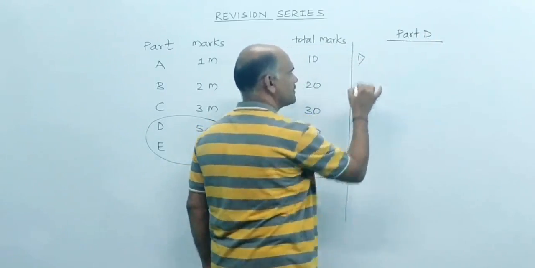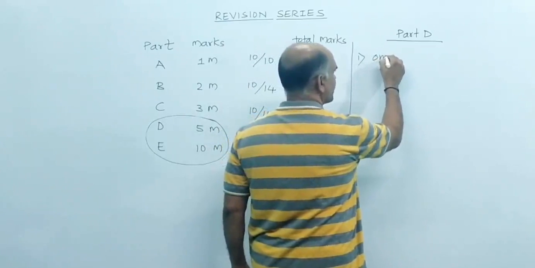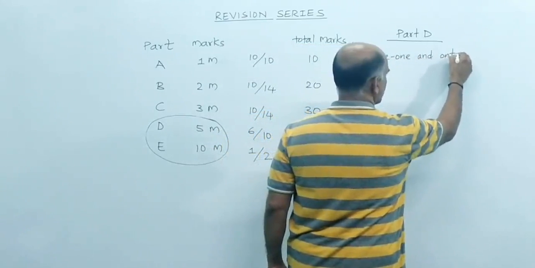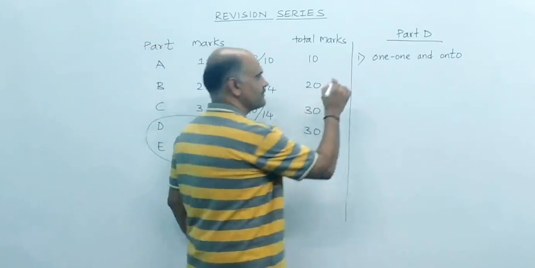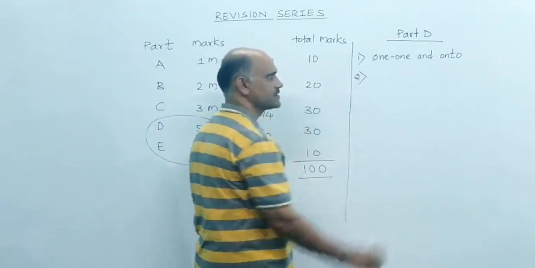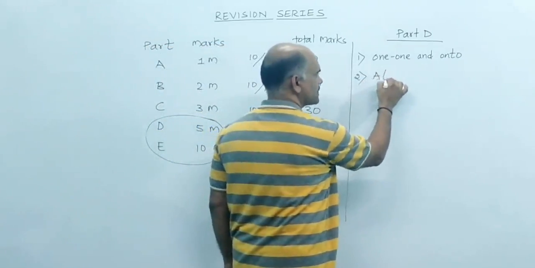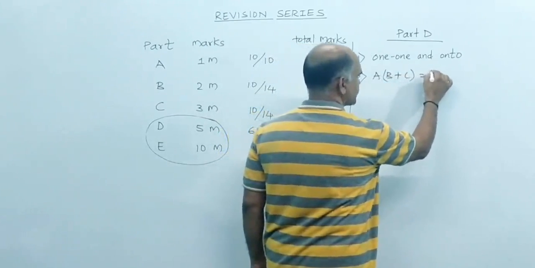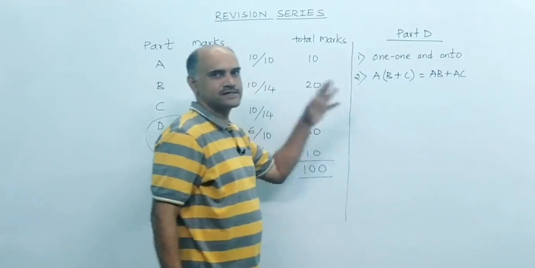First one will be from relation and function, that is you are required to prove the given function is one-one and onto. Second one will be from matrices, where you are required to prove the properties of matrix multiplication and addition in this form, A(B plus C) equals AB plus AC.